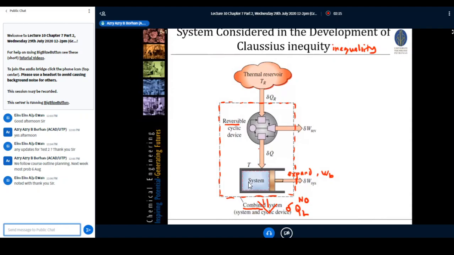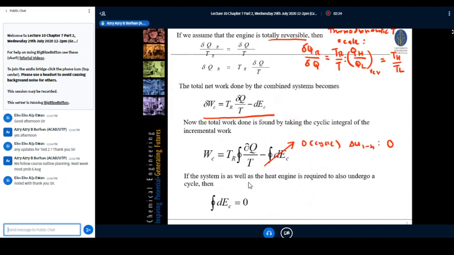So from there, you have this relation, delta QR over delta Q equivalent to TR over T, which we simplified into this particular form. Now we substitute this thermodynamic temperature scale into the energy balance from the previous slide, so you have this particular expression.